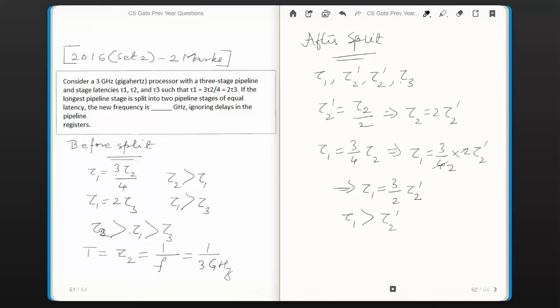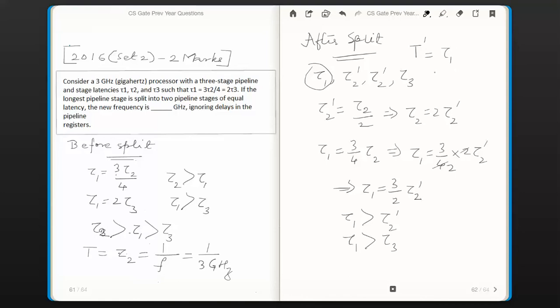So the relationship between these two would be as it was before. So tau 1 is greater than tau 3. Among tau 2 dash, tau 1 and tau 3, tau 1 is largest. So the new CPU with 4 stages would have time period, let us represent it as t dash, the same as tau 1, because that is the largest stage latency.